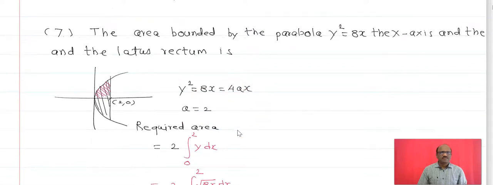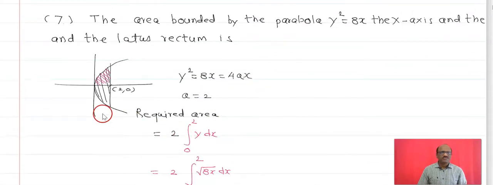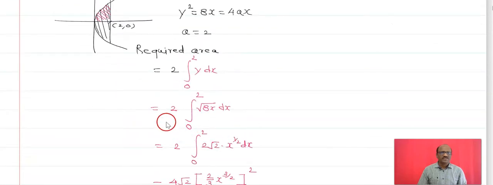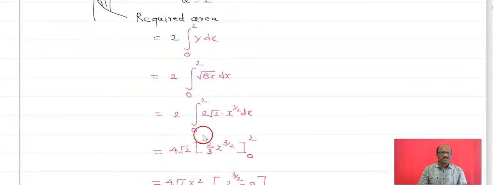And therefore, for the required area the value of x varies from 0 to 2. That is 2 times integral 0 to 2 of y dx, and that is 2, 0 to 2, root of 8x. What is the square root of 8? It is 2 root 2 x raised to 1 upon 2 dx. And that is 2 into 2, 4, 4 root 2 x raised to 1 upon 2.